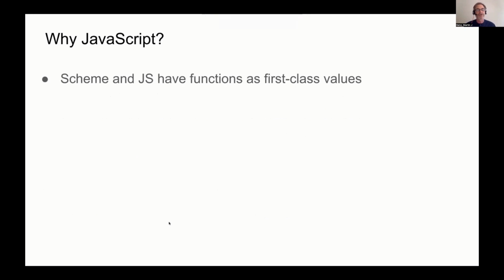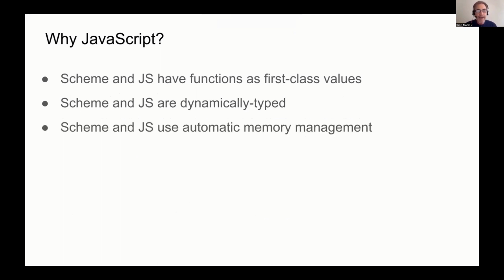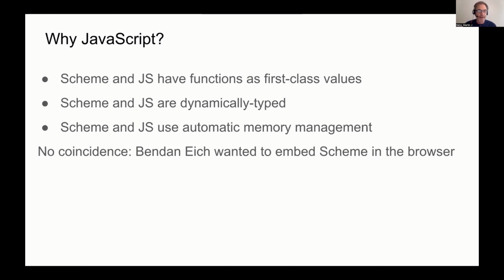Why do we use JavaScript? Now, Scheme and JavaScript have a lot in common. First of all, they have functions as first-class values. Scheme and JavaScript are dynamically typed, so they have that in common. And Scheme and JavaScript use automatic memory management like any other modern scripting language.